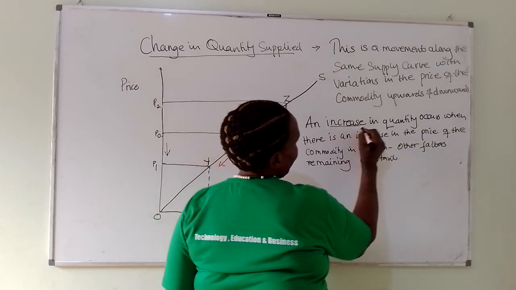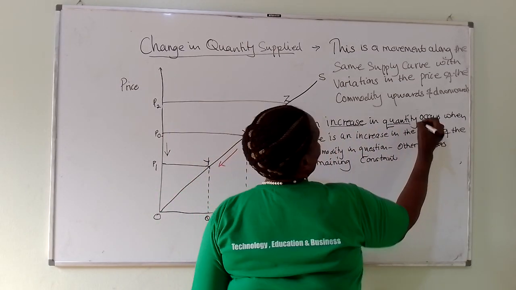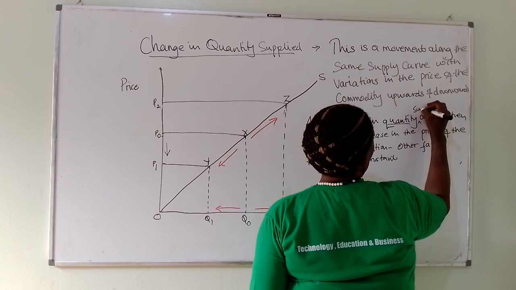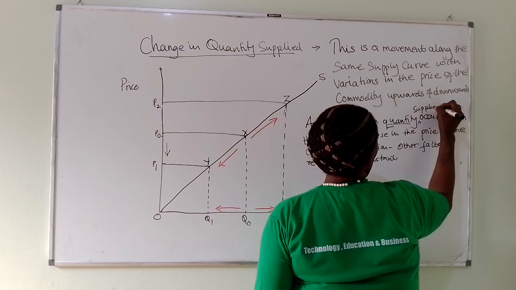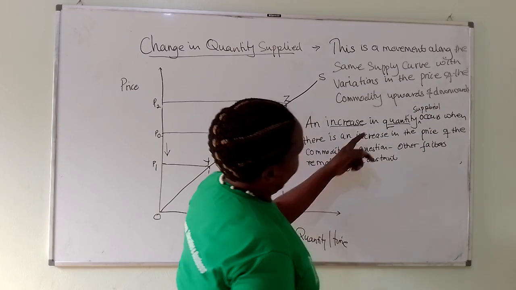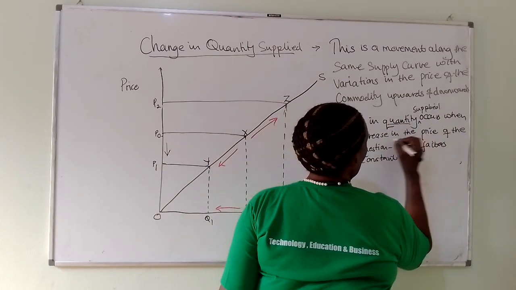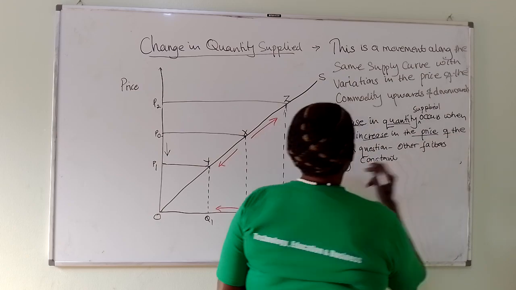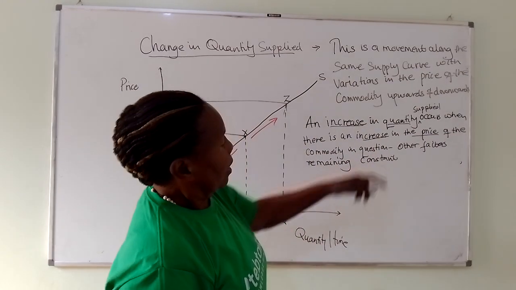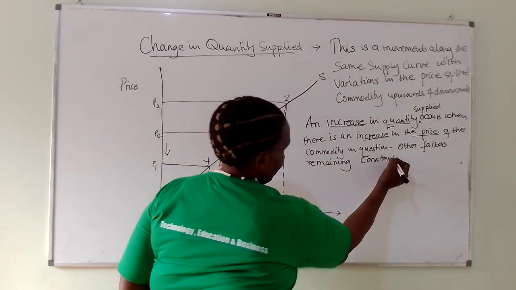So an increase in quantity supplied occurs when there is an increase in the price. An increase in quantity supply occurs when there is an increase in the price of the commodity in question, other factors remaining constant.